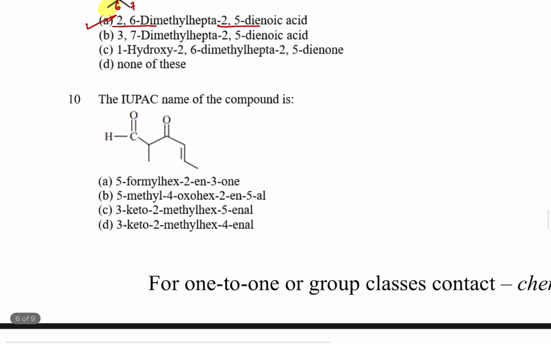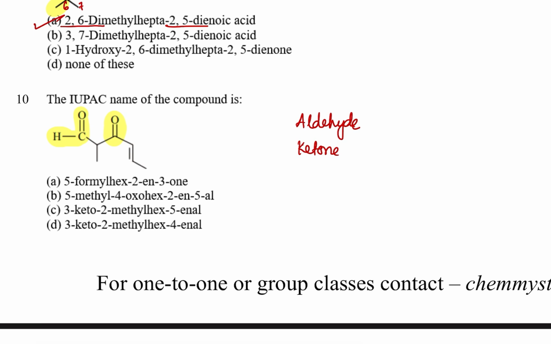10th one. In 10th, what are the functional groups present? This is aldehyde, this is ketone. Out of the aldehyde and ketone, aldehyde gets more priority. So if aldehyde is getting more priority, it will be written in the form of suffix.